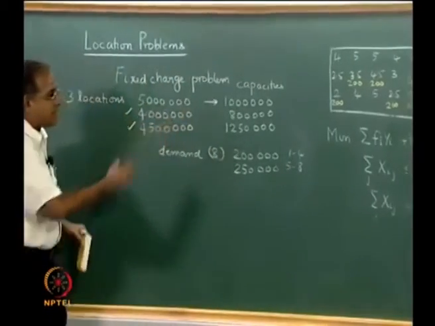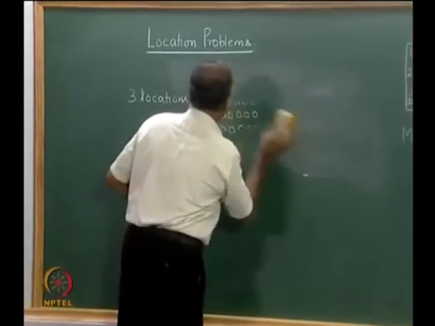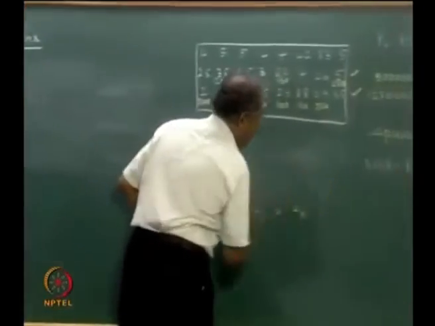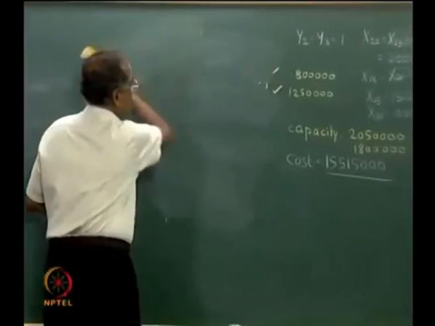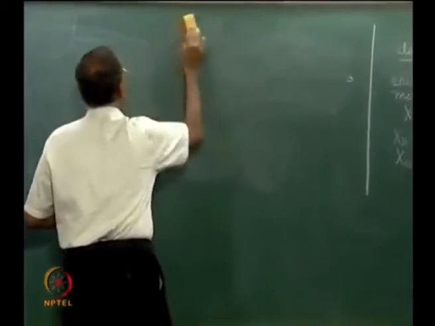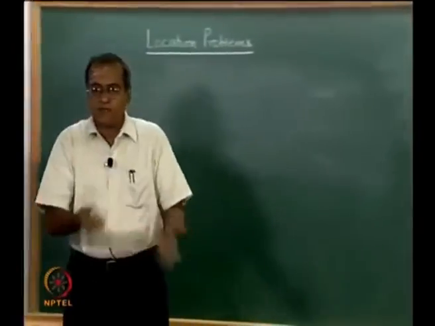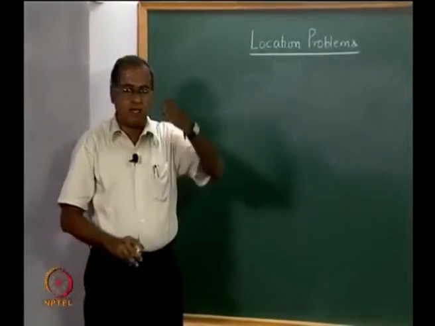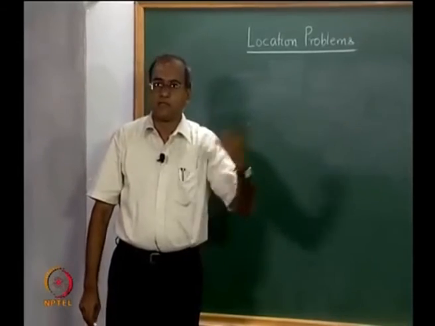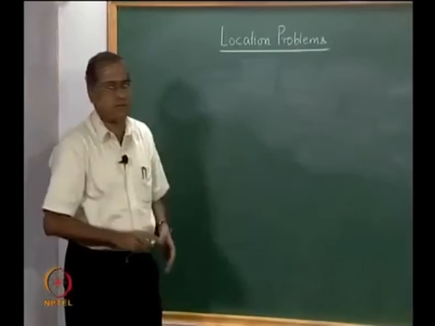Now, we can expand this fixed charge problem in the context of a supply chain to consider intermediate facilities also. When we looked at the basic fixed charge problem, we said there are plants or production facilities and there are demand points or distribution points. Now, we can expand this to consider intermediate facilities.